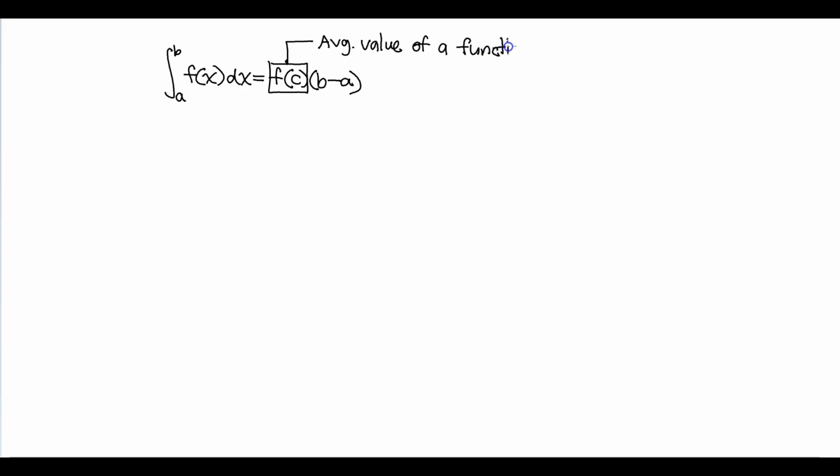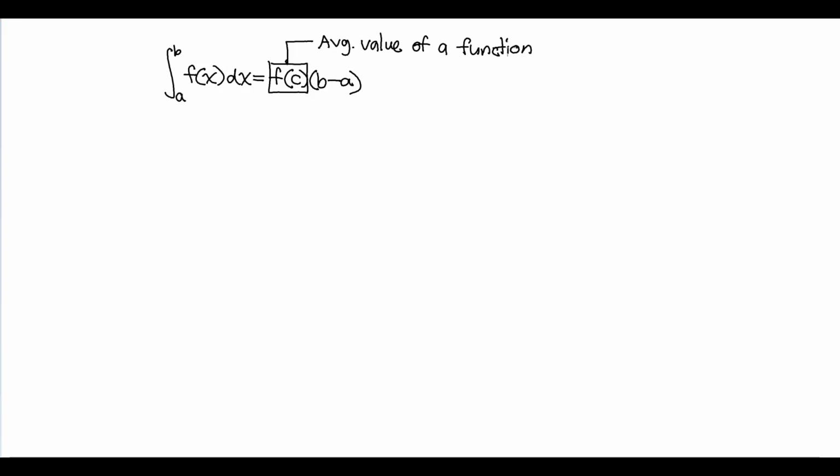It has a lot of practical purposes as well. It tells you where most of the points on an interval lie, if it lies around a specific region. So this average value is quite useful.